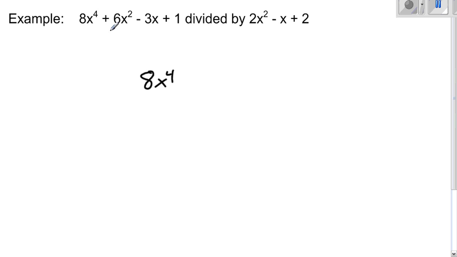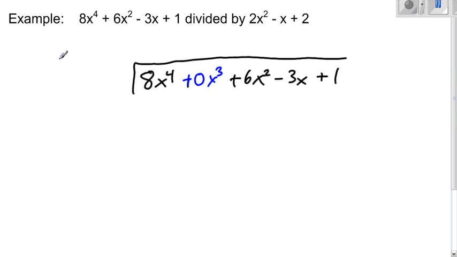Notice that there's not an x to the third, so we need to make sure that we include a placeholder, 0x to the third, plus 6x squared minus 3x plus 1, divided by 2x squared minus x plus 2.